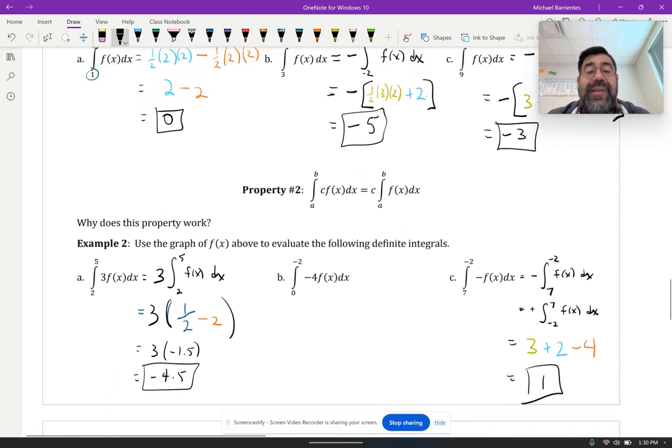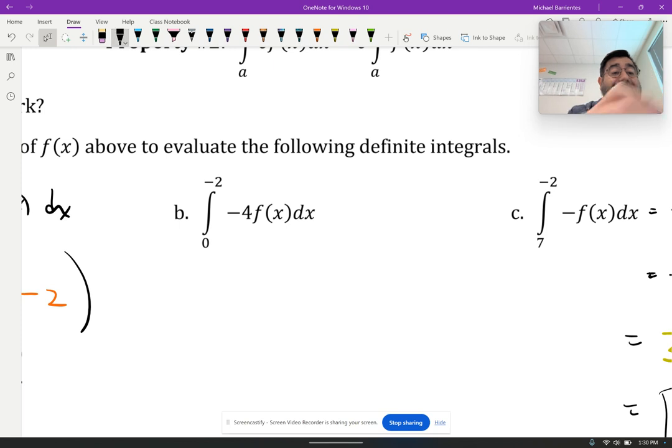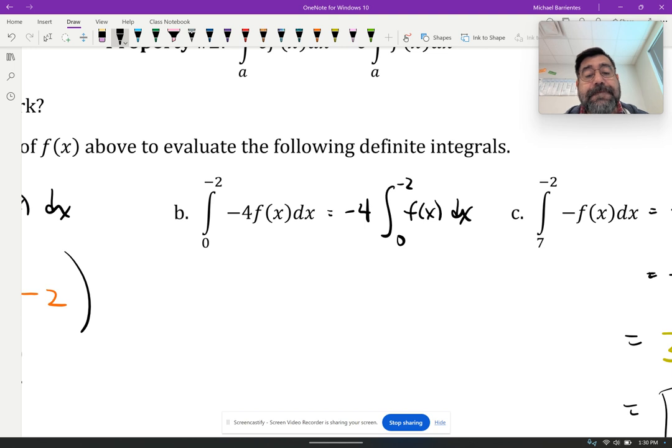So these two properties, one of them says if my limit of integration is upside down, meaning that the bottom number is not the smaller number, you can flip it, but that's going to take the opposite answer. And then the second property says if you're multiplying by a constant, I can pull out that constant, which I'm about to do here with letter B. Everything stays the same, and you can find the definite integral however you normally find the definite integral and go from there.